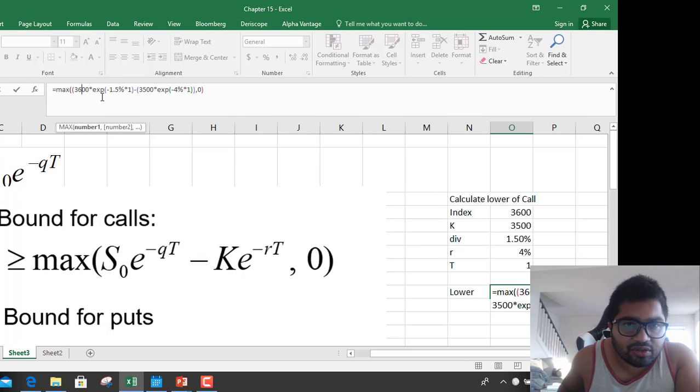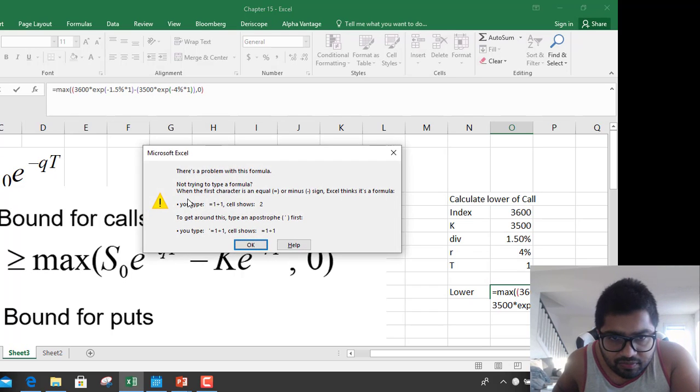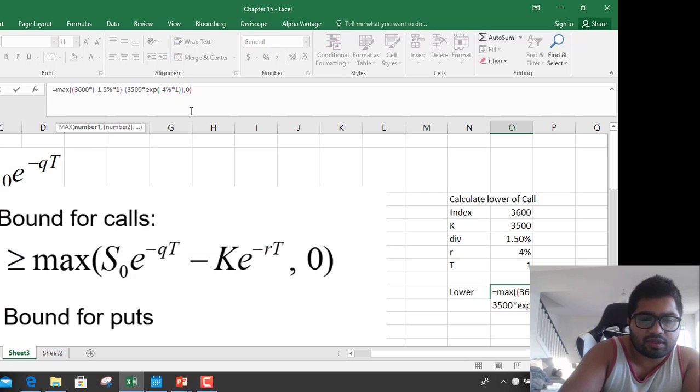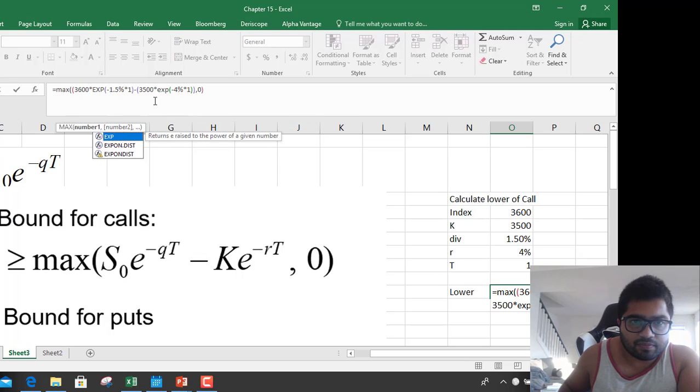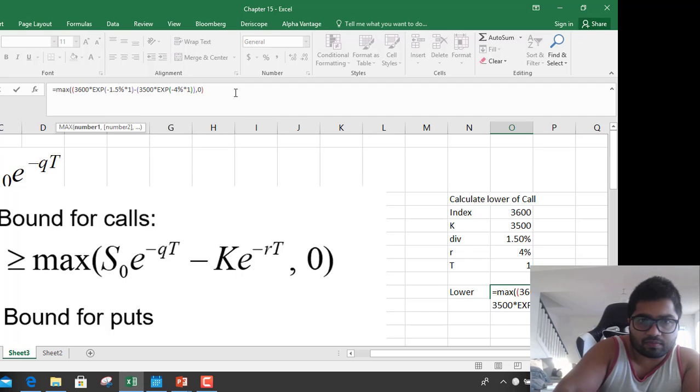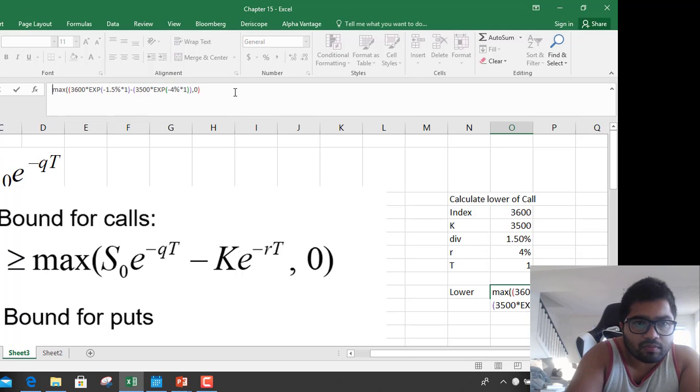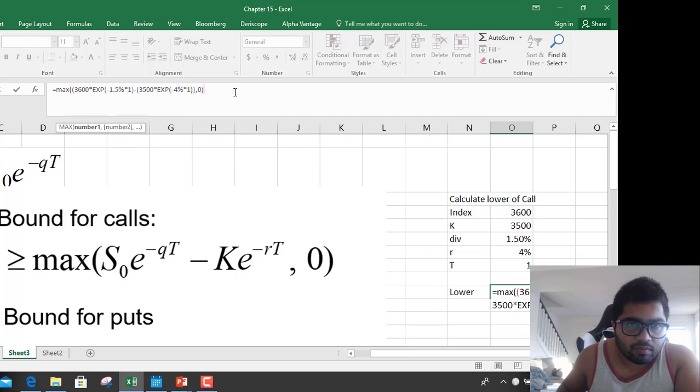Max of 3600 into exponential of minus 1.5% times 1 is the first bracket, minus 3500 into exponential of minus 4% times 1.